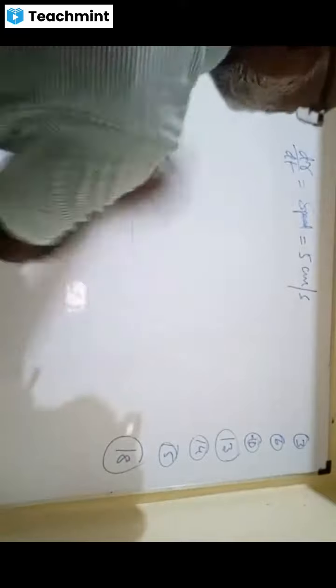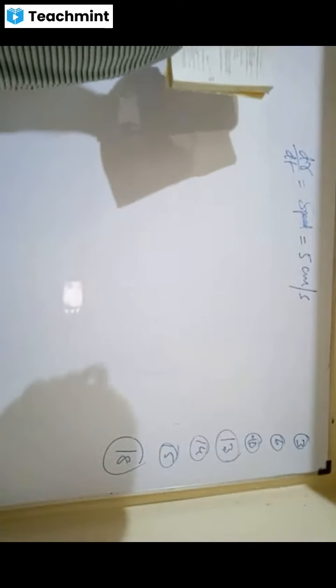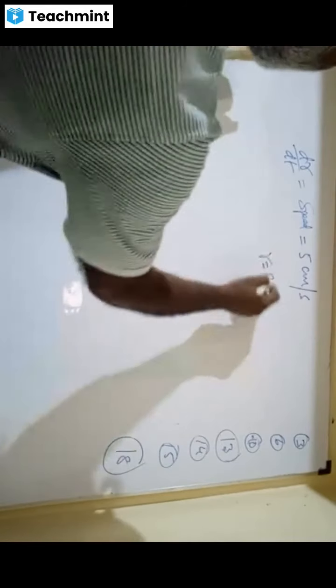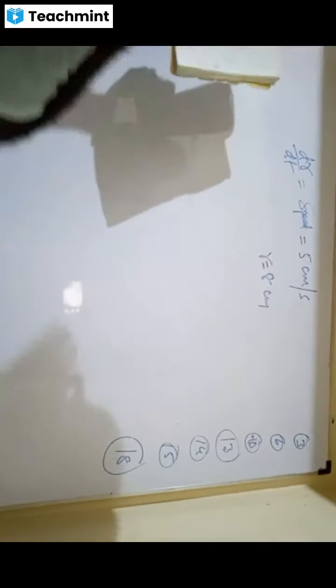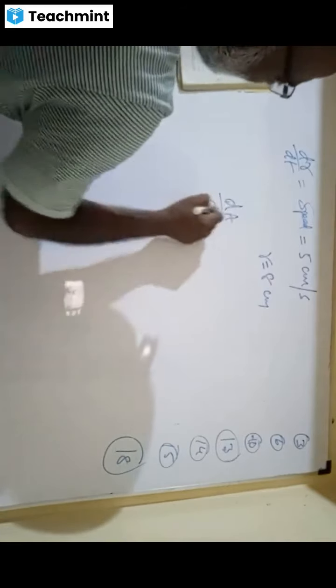At the instant when r equal to 8 centimeter, how fast is the enclosed area increasing? That is dA by dt.